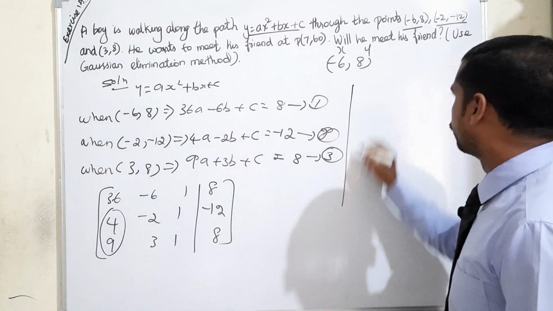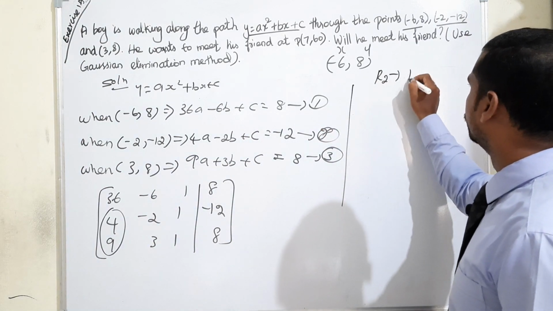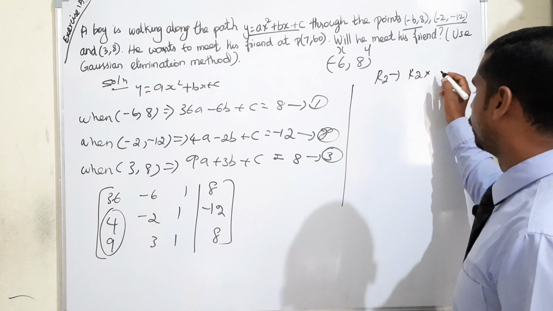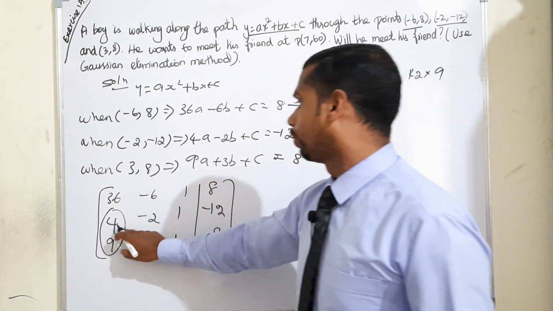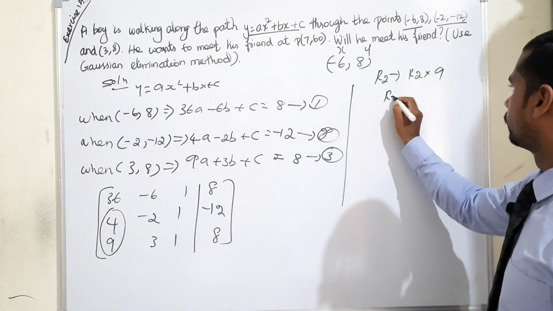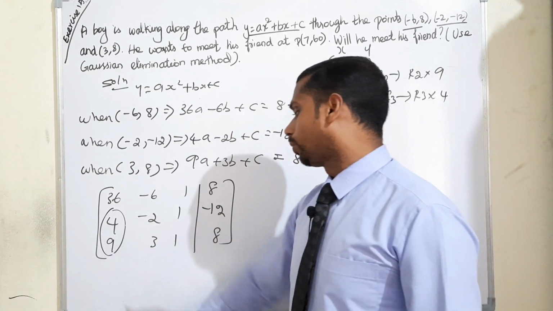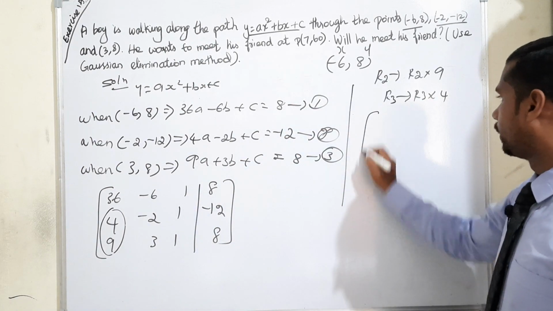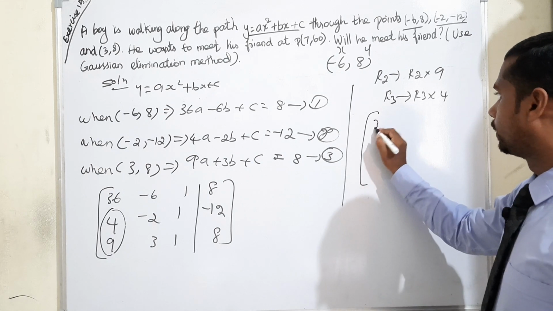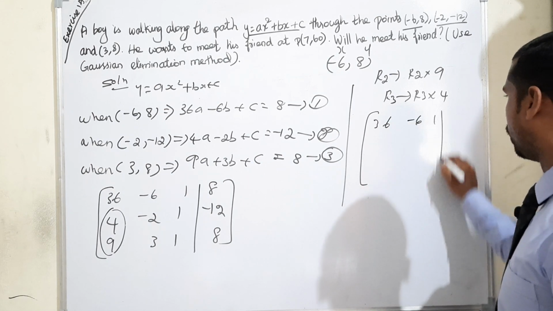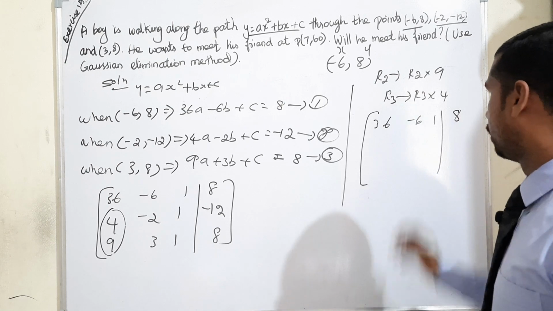What we have to do, the first step: R2 gives R2 into 9, because 9 into 4 means 36 will come, as well as R3 gives R3 into 4, because already we have 9 in row 3, and 9 into 4 means 36 will come. R1 as it is: 36 minus 6 1 positive 8.